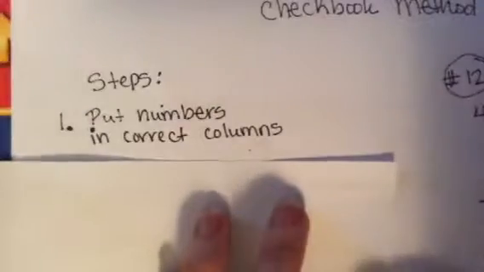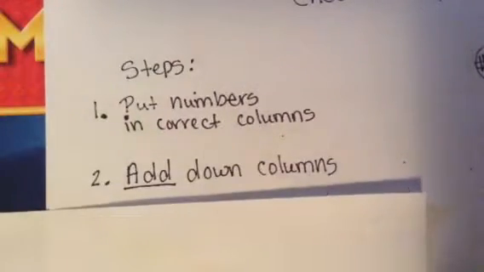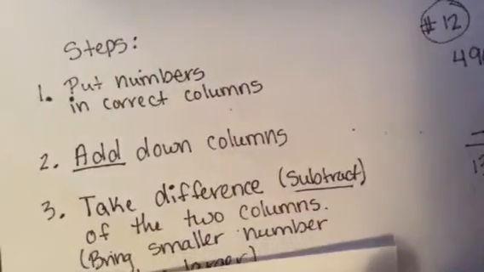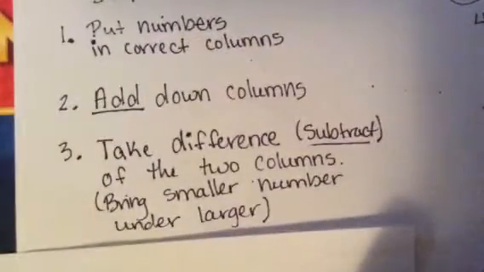Okay. Now from there, you add down columns. Well, there's nothing to add, I just have 13 here, and I just have 49 here. So I skip to step 3. Take the difference, subtract, okay, take the difference of the two columns. Bring smaller number under the larger.